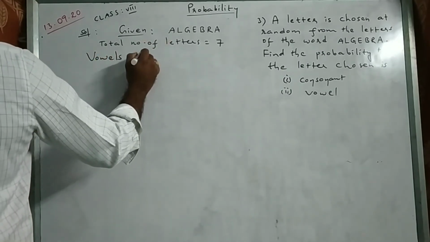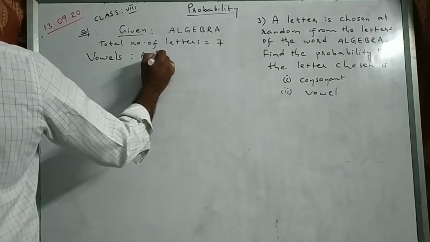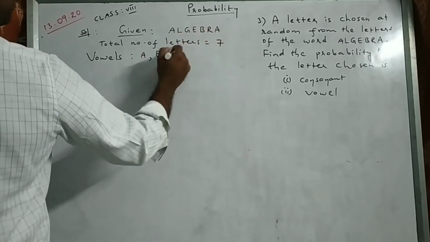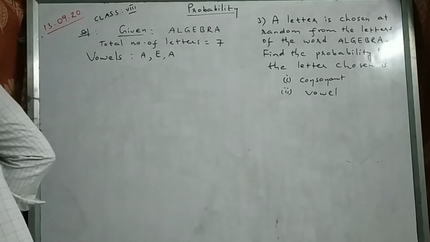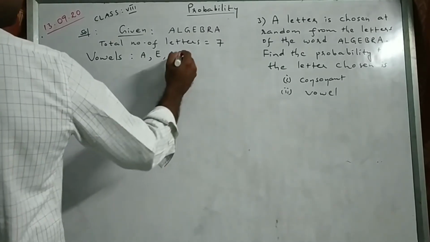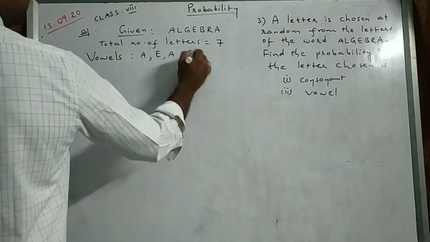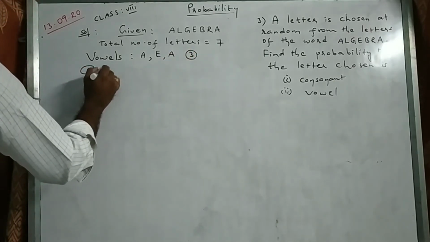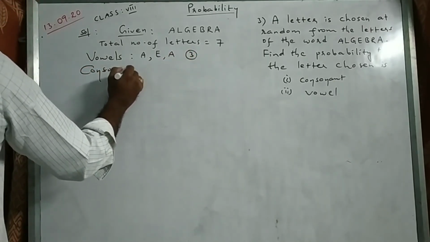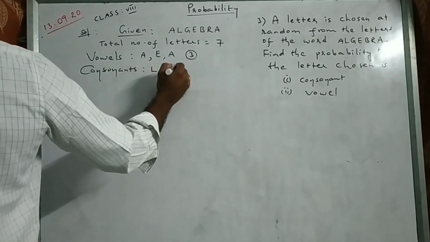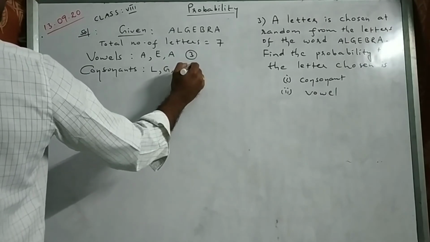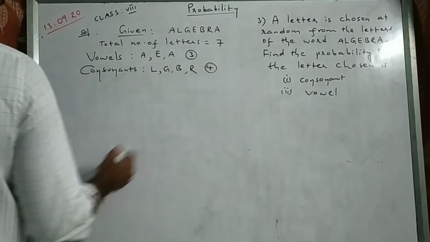A, E, again one more A is there. So A, E, A. That means 3 vowels are there. Number of vowels 3. Consonants, how many consonants we have? L, G, B, R. 4 consonants we have.